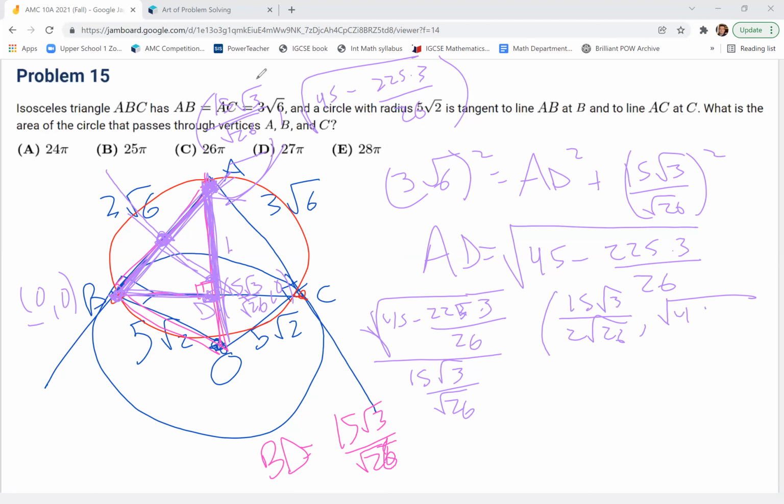Sorry, that's supposed to be 54, not 45. These should all be 54s, not 45s. So that's 54, 54, 54. So I get square root 54 minus 225 times 3 over 26 divided by 2, or times a half, right?